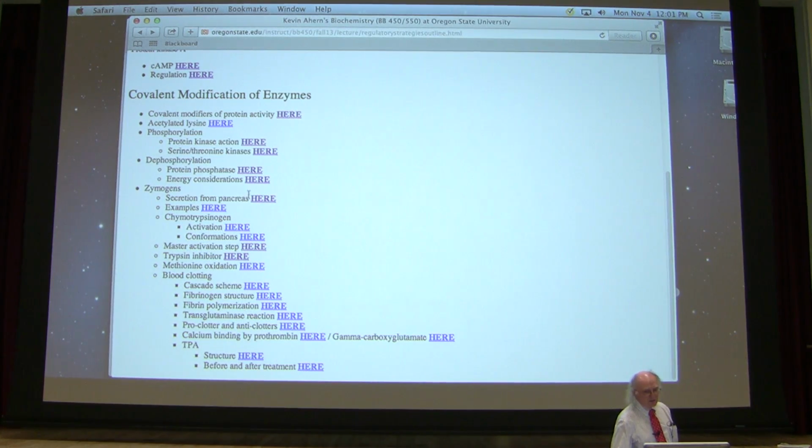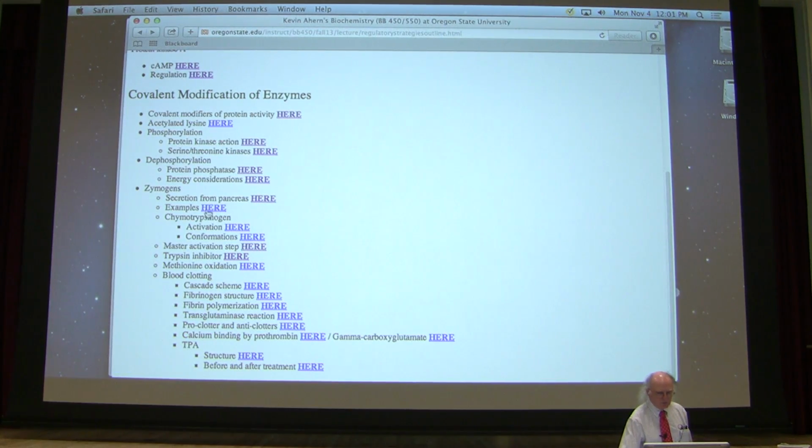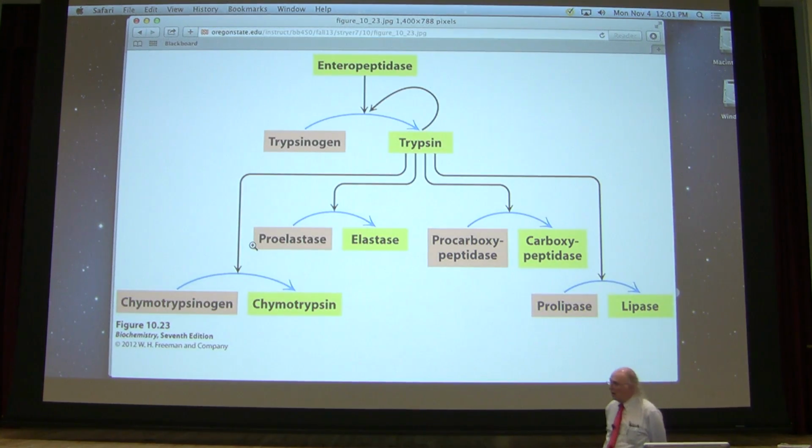All right, well, I talked last time very briefly about how the zymogens are made and why zymogens were very important. I showed you this figure here, which I described as a master activation switch. I'm going to back up and show a couple previous figures in a minute that relate to this.